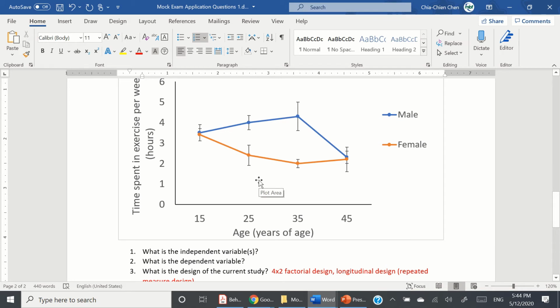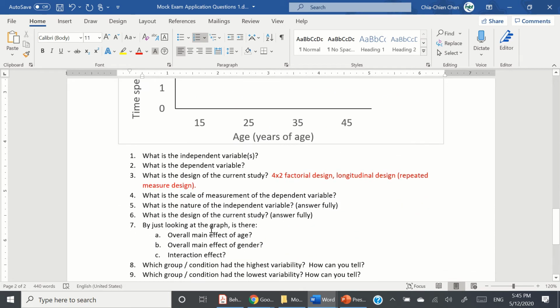The comparison of male versus female at 15, they're not significantly different from one another. And when they get to 25 years of age, all of a sudden male and female are significantly different from one another. And you can see that the slope is different, right? This is by no means parallel in terms of slope. So just by looking at the graph, you can say that there is definitely an interaction effect already.